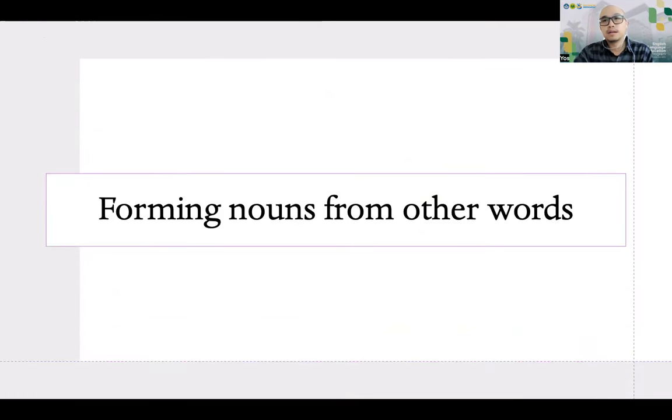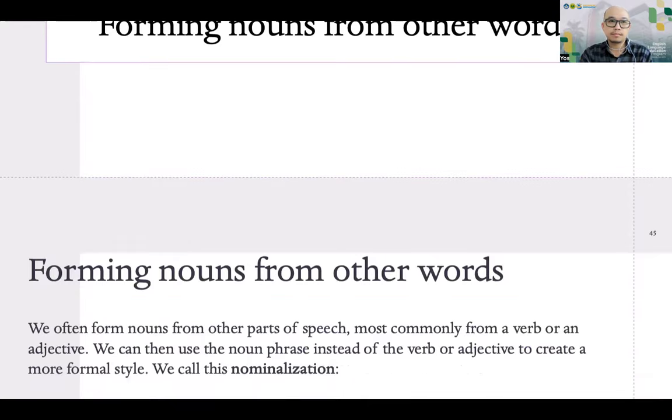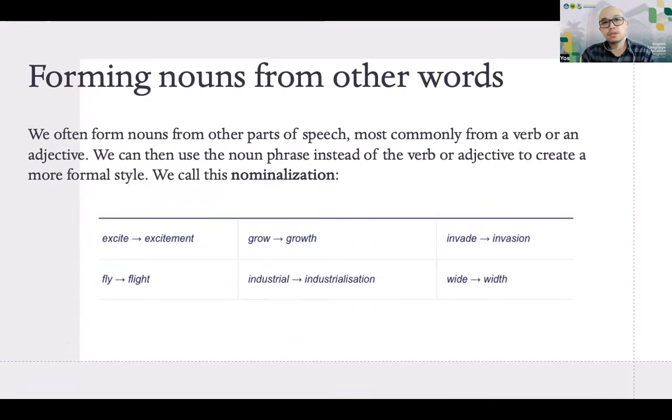Now, we are going to talk about how to form nouns from other words. Forming nouns from other words, we can use other parts of speech, most commonly from a verb, like a gerund.